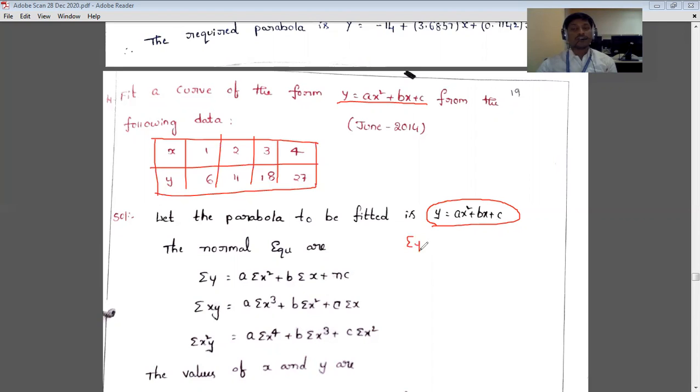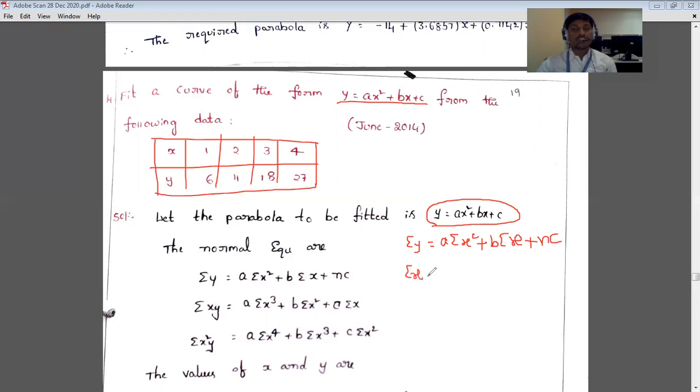First, our first equation, we are just applying summation for that, right? Summation y is equal to a summation x square plus b summation x plus nc. So alone one constant, that constant we write n, and next we need to multiply with x.